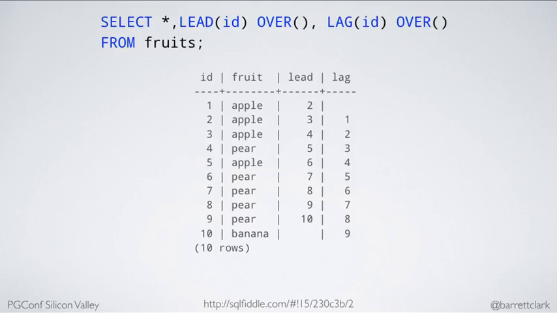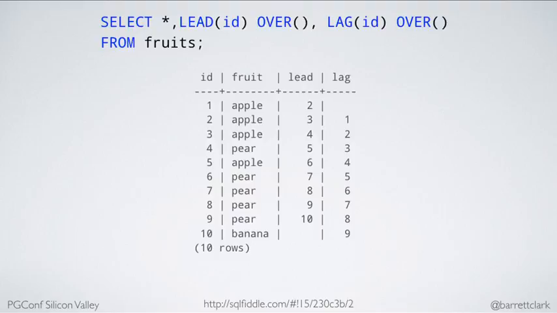First, we're going to select star, lead(id) over (), and we're going to select lag(id) over (). Don't worry about the empty parentheses quite yet. That just means don't do anything funny with the window. We're going to look at the entire table as it relates to the current row. Lead is the next ID, lag is the previous ID.